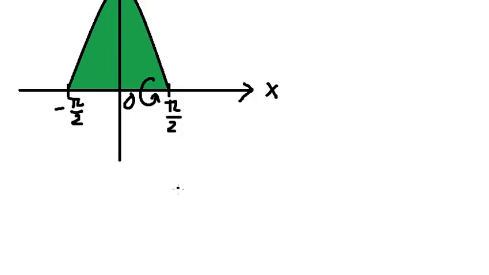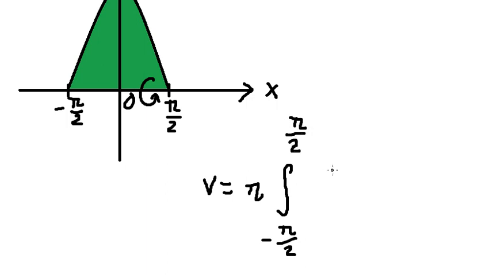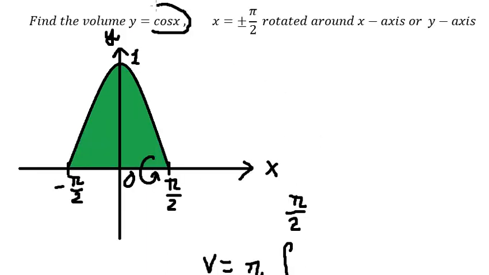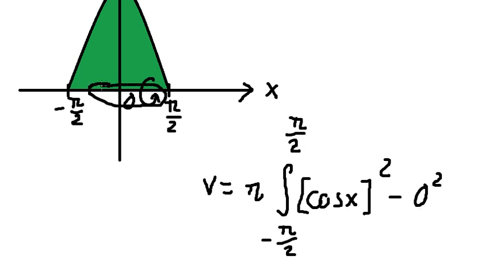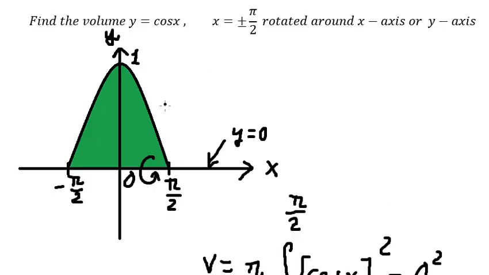So the formula of the volume is π times the integral from negative π/2 to positive π/2. We have the function cosine x to the power of 2 minus 0 squared, because this one is y equals 0 and this one is y equals cosine x.